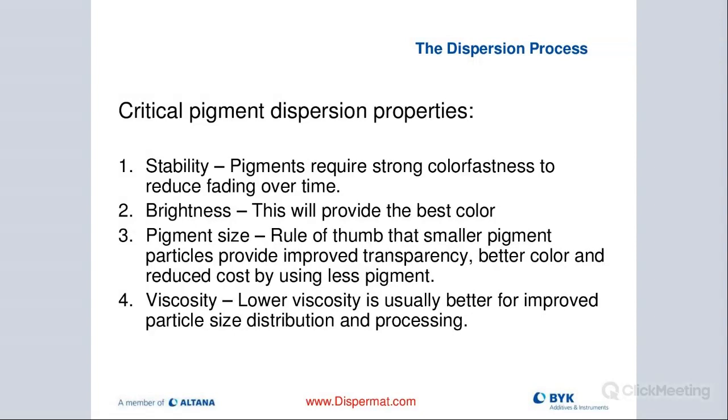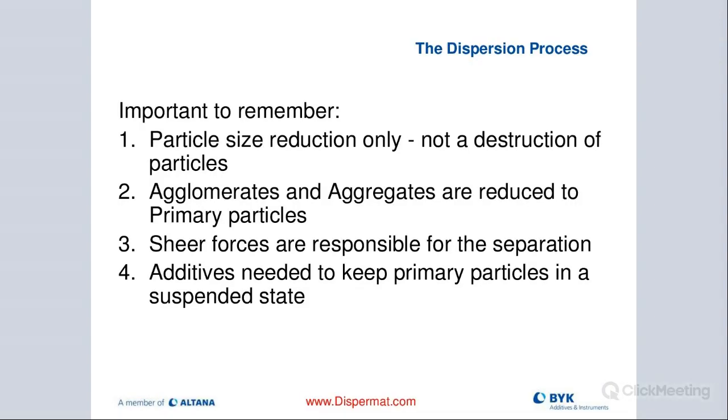The rule of thumb is the smaller the pigment, the improved transparency and better color. And obviously, again, we're saving money because we need to use less pigment in our formulation. Another caveat here is usually we want to have lower viscosity. That will also help us with processing the material and will lead us to improved particle size distribution.